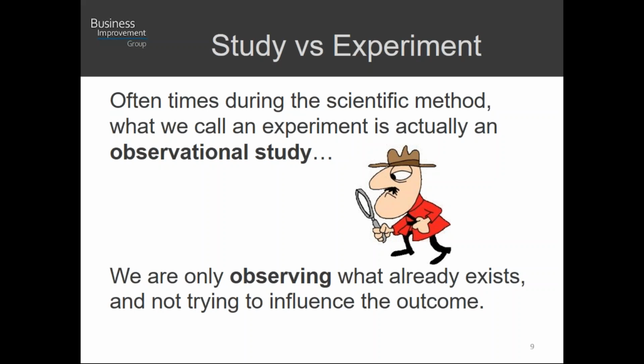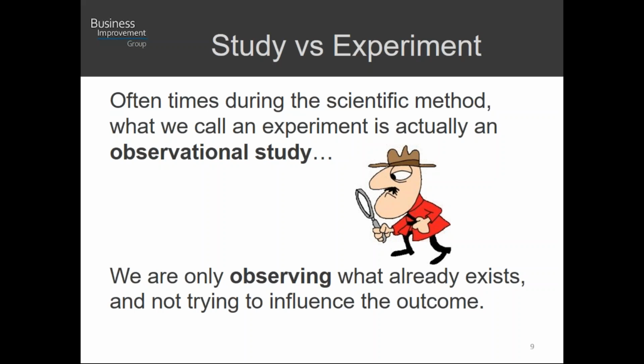The reason why is very often folks will confuse, whether it's design of experiment, scientific method, what have you, they'll confuse that activity with what we actually call an observational study. An observational study is something that happens when we're just observing what already exists and we're not trying to influence the outcome.